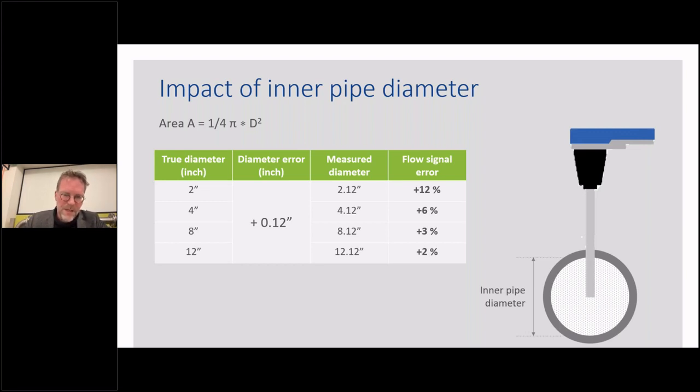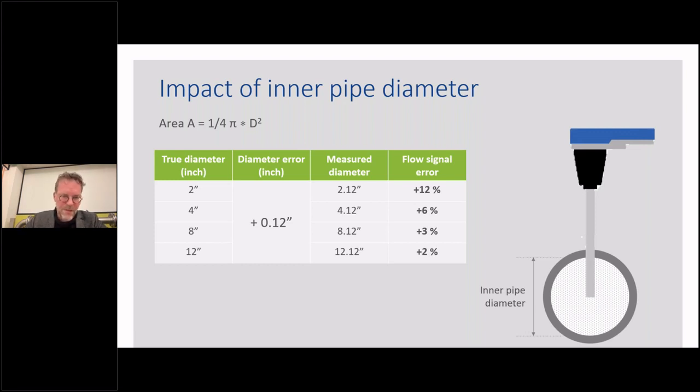You can do that, by using a circumference tape, which you can make yourself, or you can buy one online. And then you use an ultrasound thickness gauge, which is not too expensive, where you can measure the pipe wall. If you know the wall thickness, you can very accurately calculate the inner diameter, and in that way also calculate the inner area of the pipe.